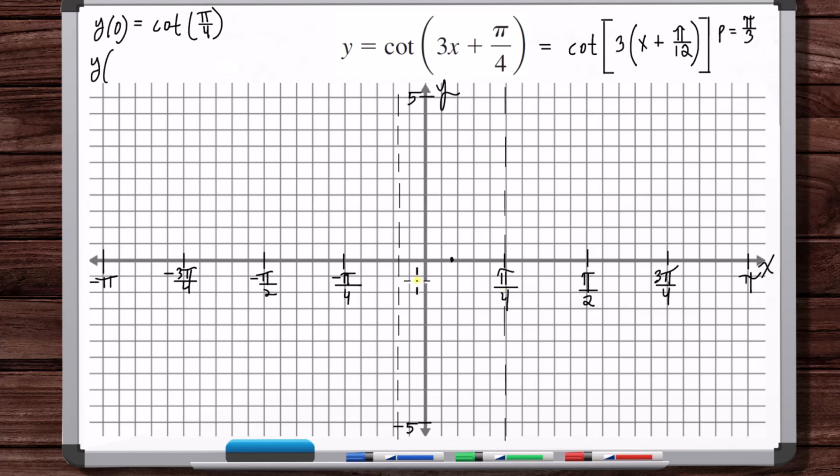So we want to do minus pi over 12 plus pi over 4. So 2 pi over 12, pi over 6. So cotangent of 3 times pi over 6 is pi over 2. Pi over 2 plus pi over 4, so that's 2 pi over 4. It's going to be 3 pi over 4.